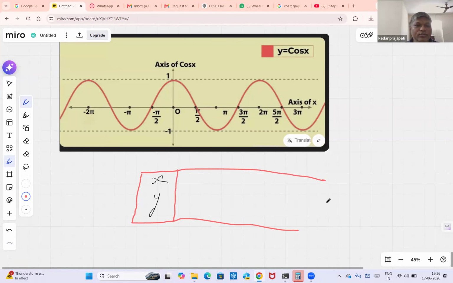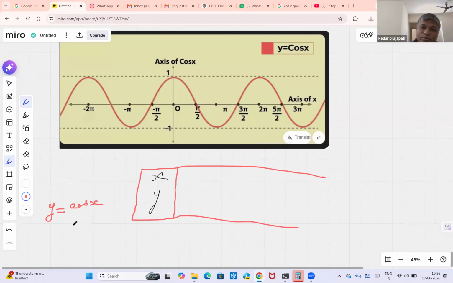So this is a graph of y equal to cos x. So in order to know the graph of cos inverse x, first we should know the graph of cos x, how it is coming.